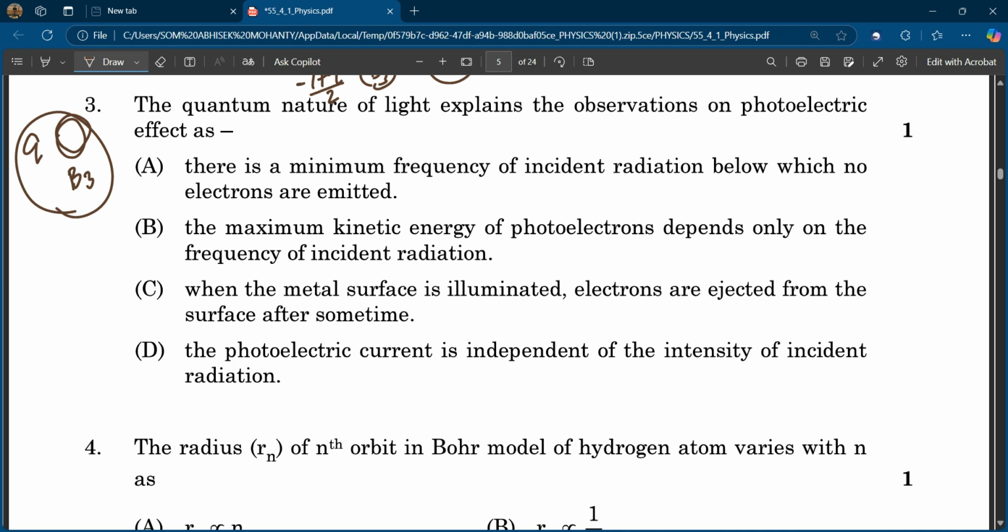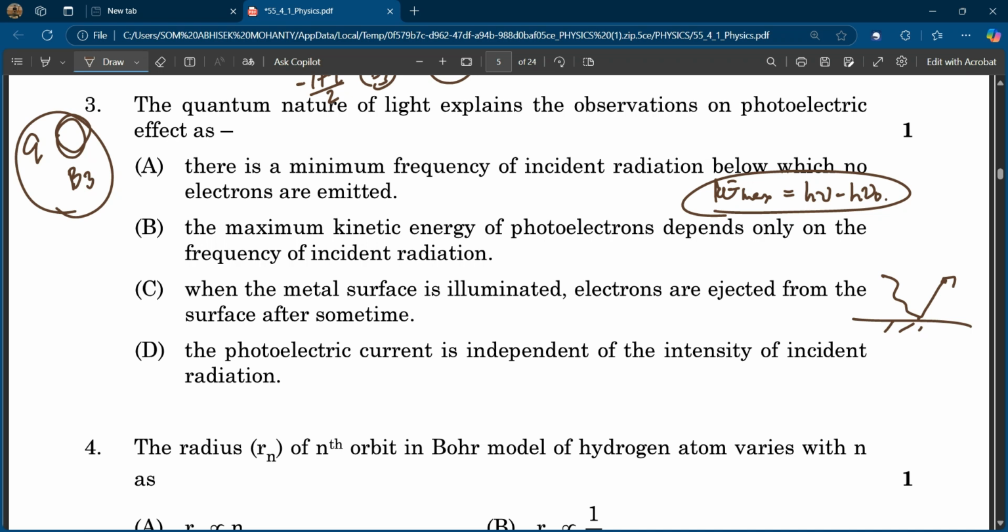It also depends on the work function, because kinetic energy max is equal to h nu minus h nu naught. Third, when the metal surface is illuminated, electrons are ejected from the surface after some time.